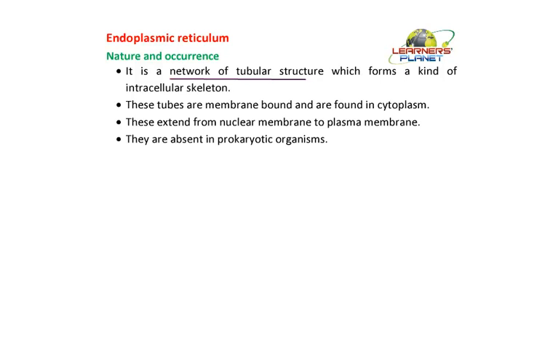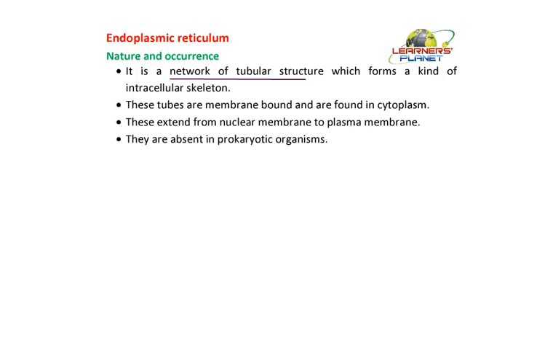the cytoplasm. They are present within the cytoplasm, that is for sure, but these tubes which are scattered are not independent tubules. Rather, each tubule, each part of this endoplasmic reticulum is interconnected with each other.